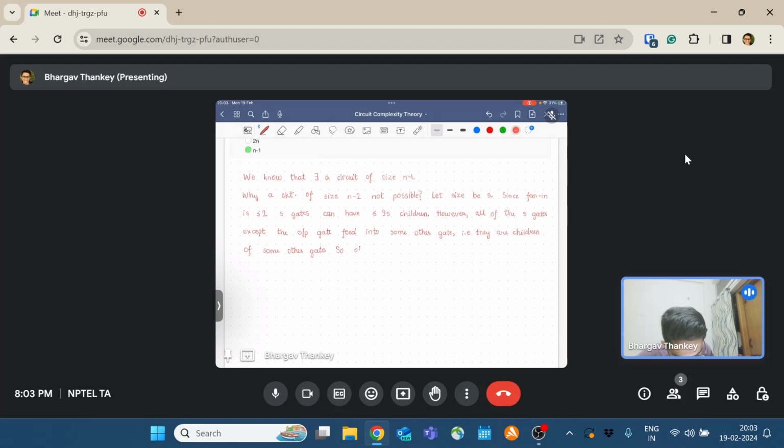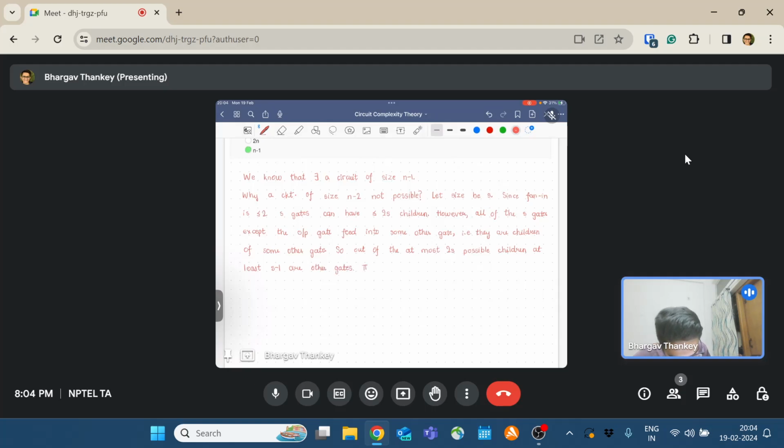So out of 2s possible children, at least s minus 1 are other gates, right?